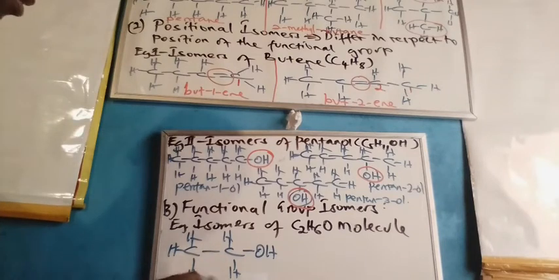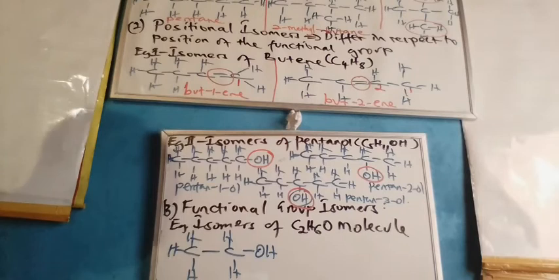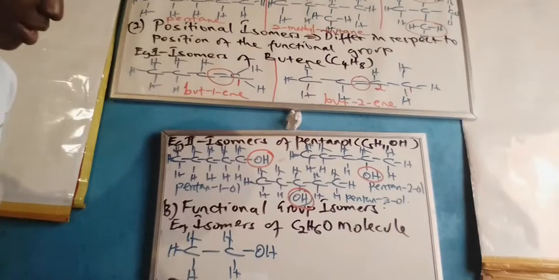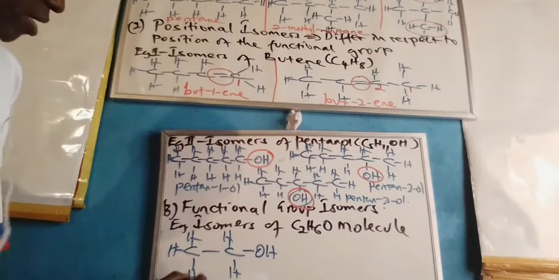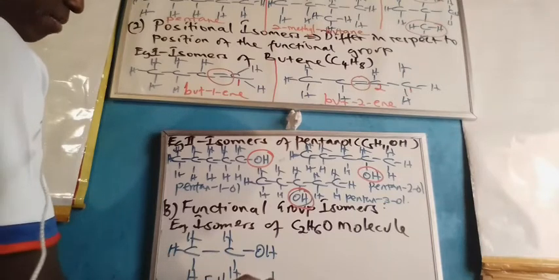Counting, we have 2 carbons, we have 1, 2, 3, 4, 5, 6 hydrogen and 1 oxygen, which makes that molecule what we call ethan-1-ol, or simply ethanol, because there are only 2 principal carbons.